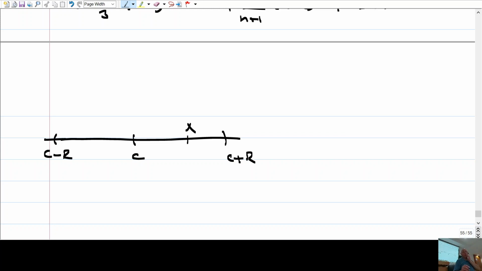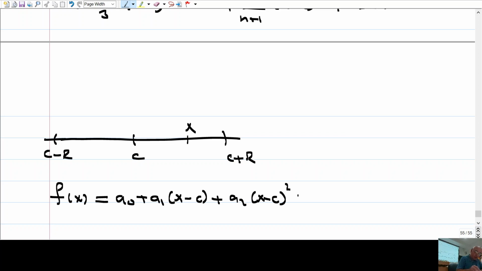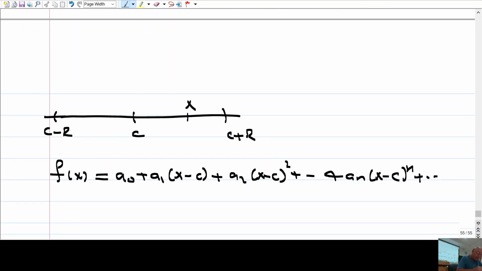You choose, so we know that our power series is convergent here, and it is differentiable, and it is continuous, therefore it's integrable. So f of x is just what? It is a0 plus a1 (x minus c), a2 (x minus c) squared, up to an (x minus c) to the power n. Okay?